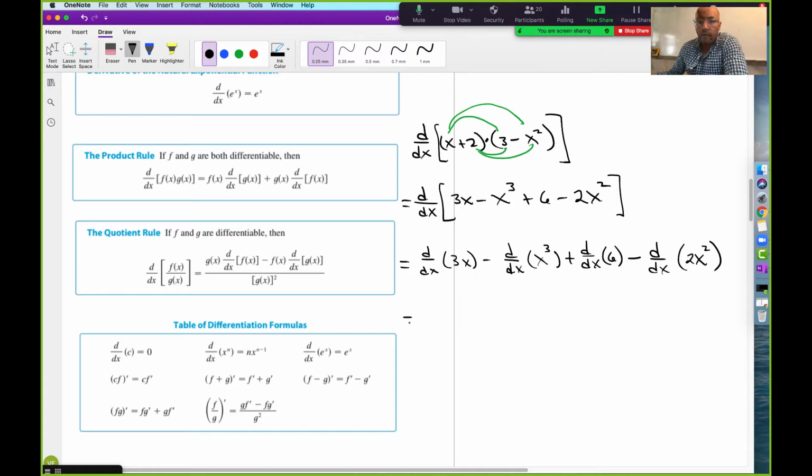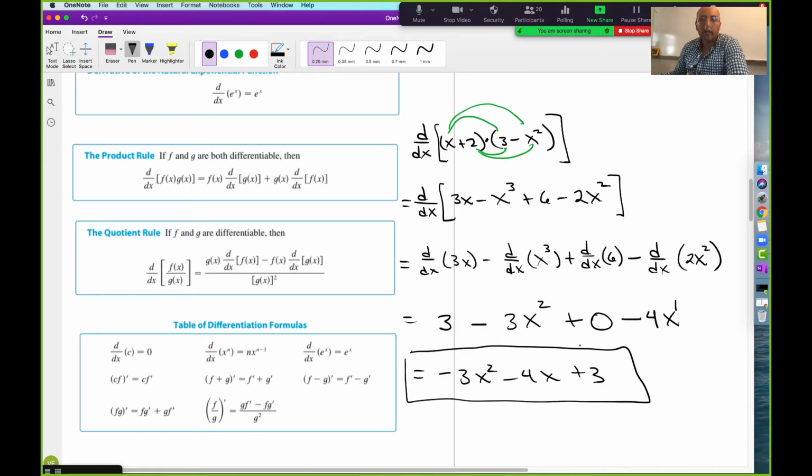The derivative of this one is just going to be equal to 3, minus the derivative of this one is going to be 3x², plus the derivative of a constant is 0, so put a 0 there, minus the derivative of this one is going to be 4x to the power of 1. So I can simplify this a little bit and say that it's 3 - 3x² - 4x.